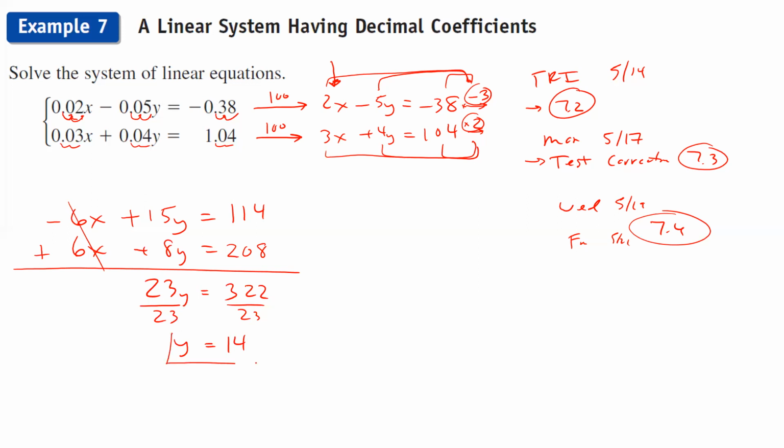Cool. Now this is the fun question. Which equation do you want to plug into? The original top, original bottom, the multiplied top, the multiplied bottom, or the next multiplied top and multiplied bottom? So we have 6 different choices. I would not want to plug back into the original. That's just me. Owen, you get to choose for us here.